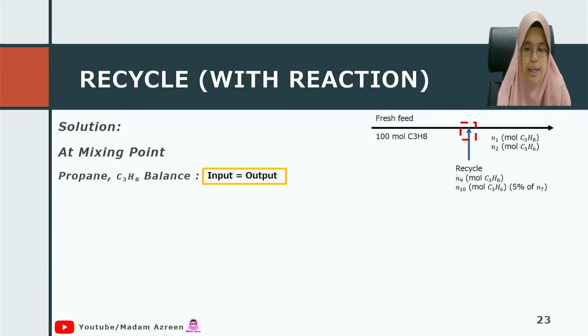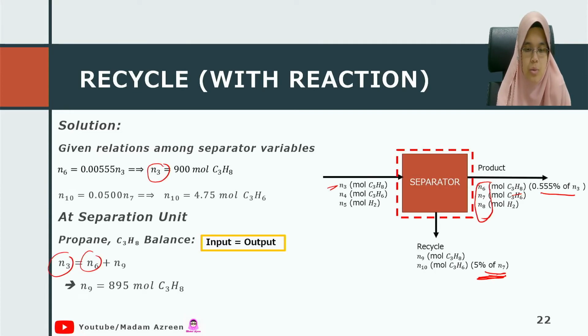And then at the mixing point, once you settle the separator, you get the value of N3 and N9, but you still cannot get the value of N4 and N5.